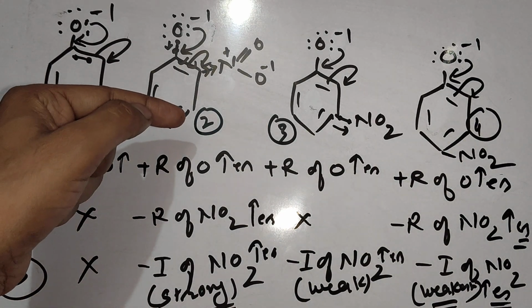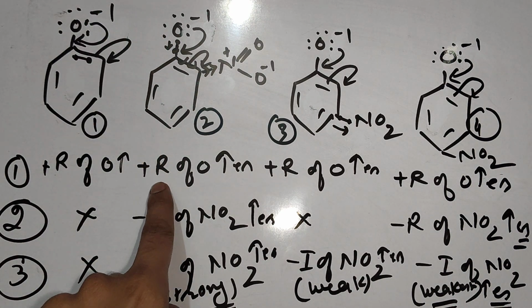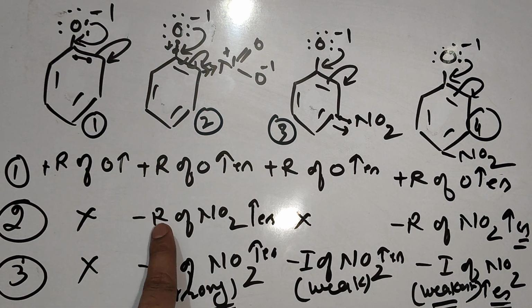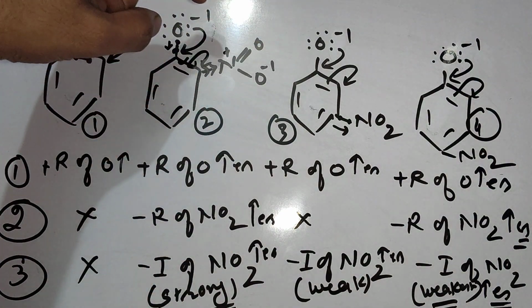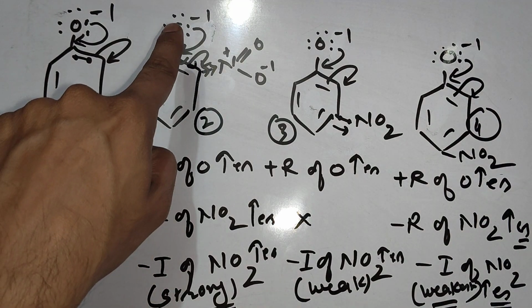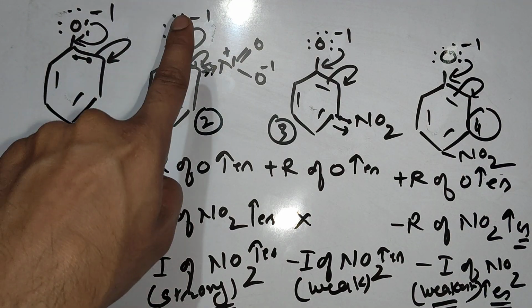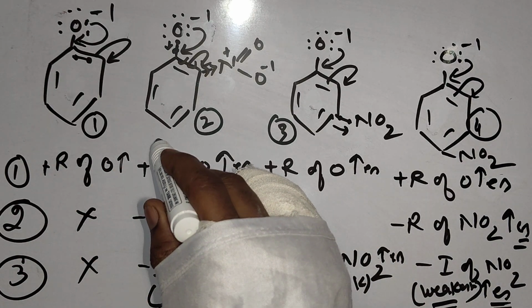Check here. The negative charge of oxygen is decreased by three factors: plus R of O, minus R of NO2, and minus I of NO2, and that minus I is strongest here because NO2 is closest to O. So I believe the negative charge of oxygen is decreased most in the second case. So don't you think this is the most stable anion?